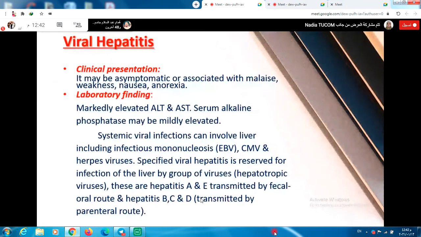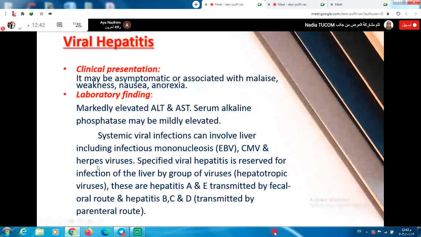Viral hepatitis. As you know, in general, there are certain types of viruses that can infect the liver in a systemic viral infection, and the liver can be infected by certain non-specific viruses like infectious mononucleosis, Epstein-Barr virus, cytomegalovirus, herpes virus.